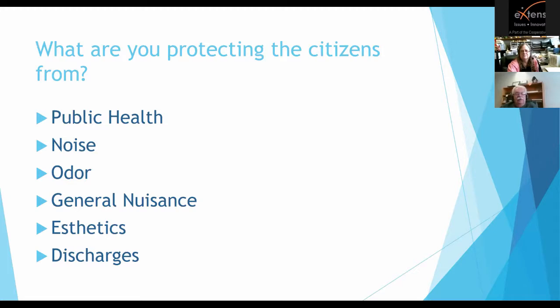And then we also have to worry about protecting citizens from discharges. And these discharges can be water discharge with runoff, or it could be air discharges from air coming from it. So all those things are things that you might want to consider when you're considering local regulations about what you're trying to protect the citizens from. And that's the core of a zoning regulation.